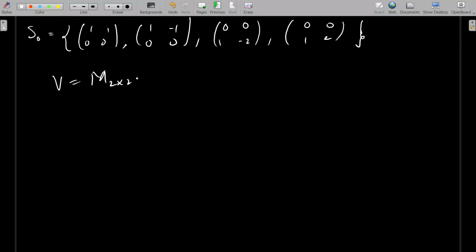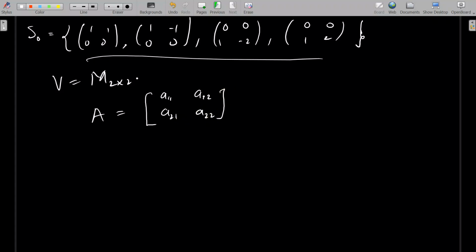Show that any general matrix you pick, A equals A11, A12, A21, A22, can be written as a linear combination of these by showing explicitly the A1, A2, A3, and A4 in terms of these values.